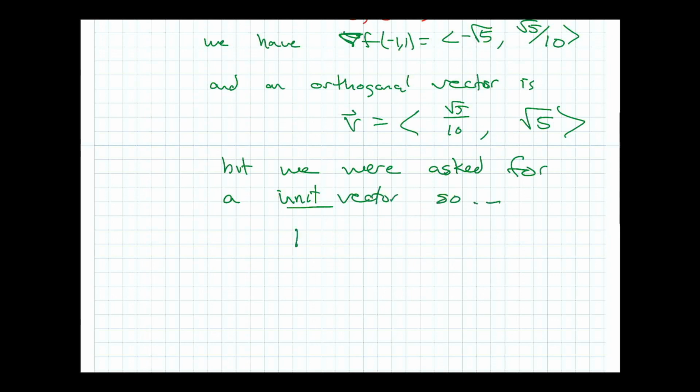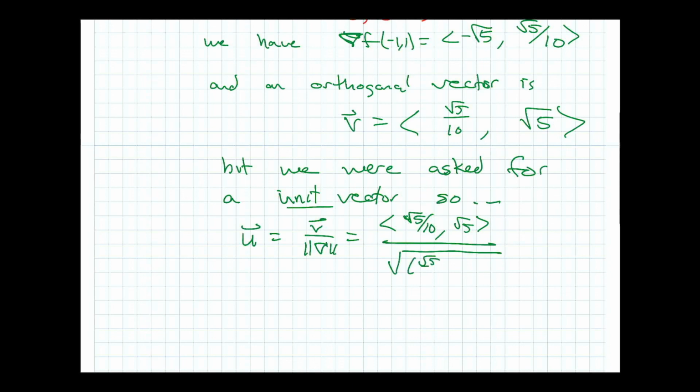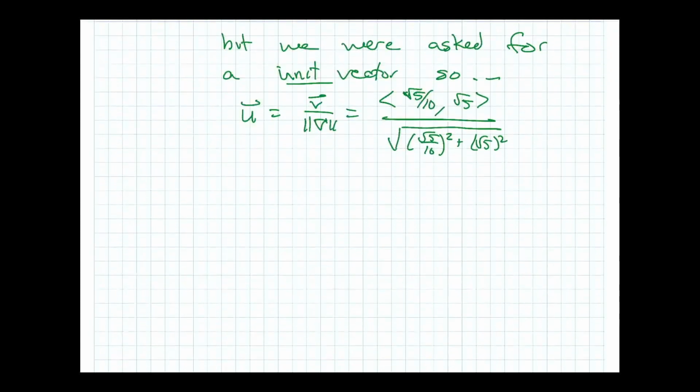So we have to do that. U is going to be v over magnitude v. So √5/10, comma √5, over the square root of √5/10 squared plus √5 squared.